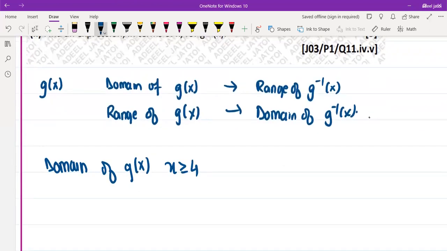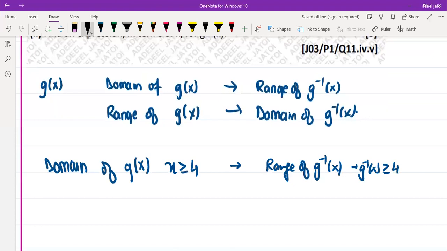So if the domain of g(x) is x greater than or equal to 4, then the range of g inverse of x will be g inverse of x greater than or equal to 4, because the domain will become its range. And remember that the range is represented by g inverse of x.